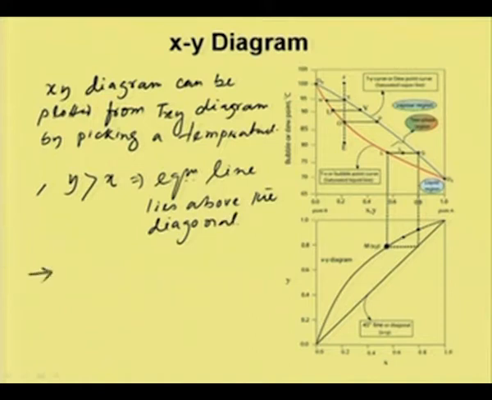If the separation between the diagonal line and the equilibrium line is larger, then the separation is better.